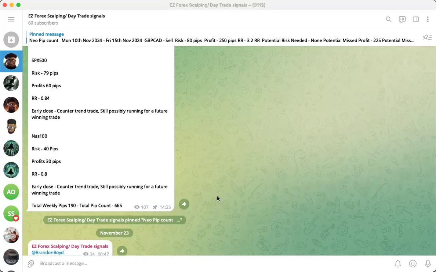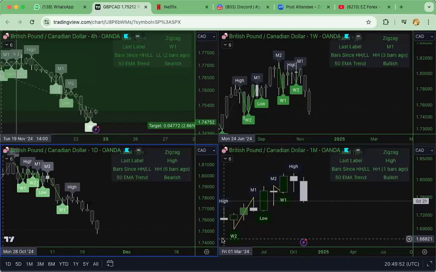All right, so with all of that out of the way, let's get over to our TradingView setup. Okay, let me share the screen. Let me know if you can see TradingView at the moment.